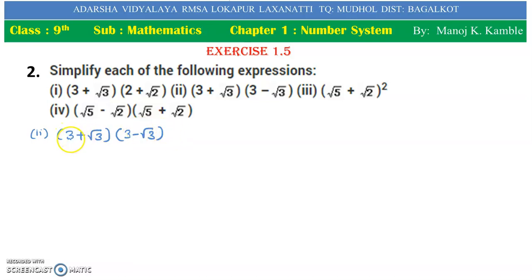The first bracket has 3 first, and here also 3 first. Next root 3 in the first bracket, and root 3 in the second bracket is also present. So the first bracket has a plus sign and the second bracket has a minus sign. So this looks like (a plus b) into (a minus b).